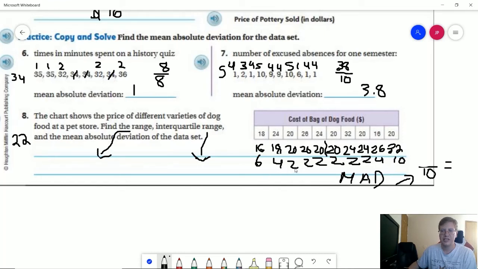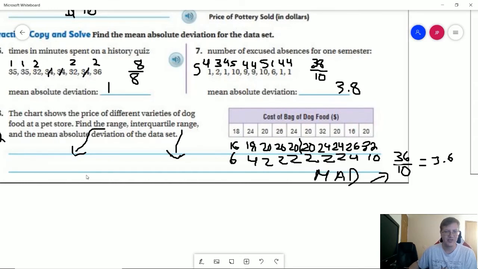And that's going to give me 10, 20, 30, 36. And 36 divided by 10 will give me a mean absolute deviation of 3.6.